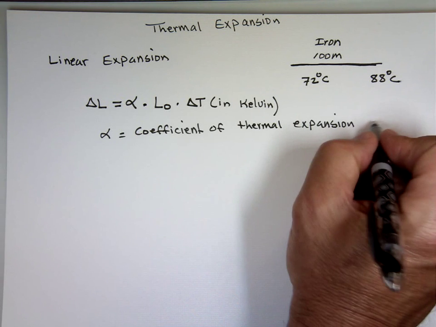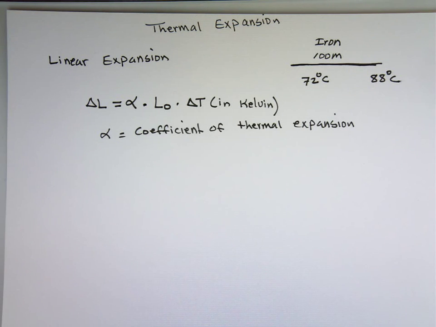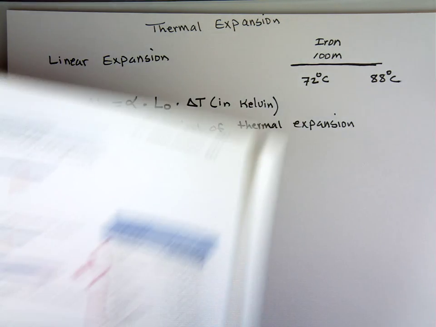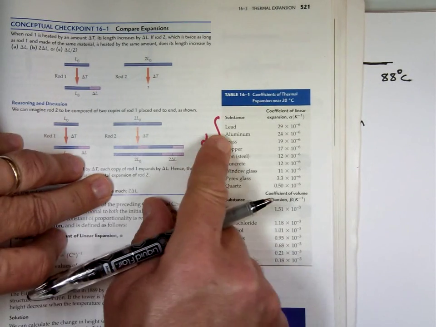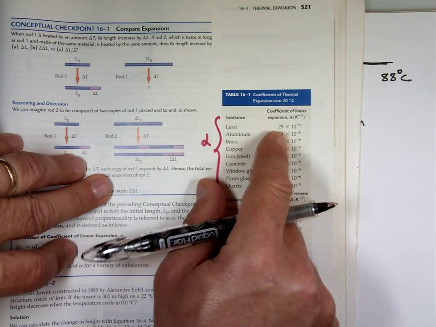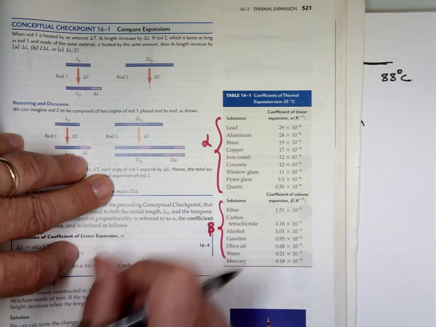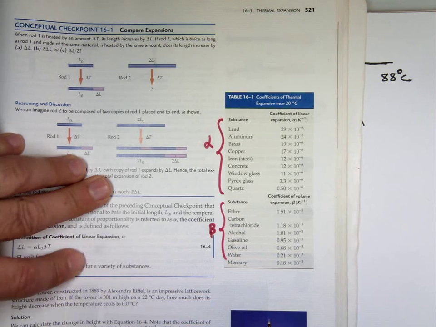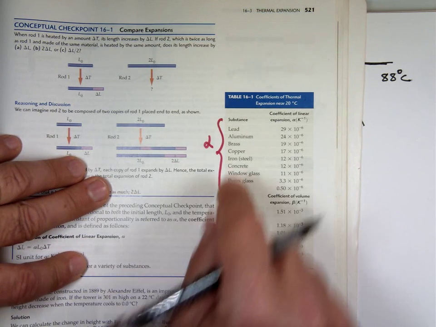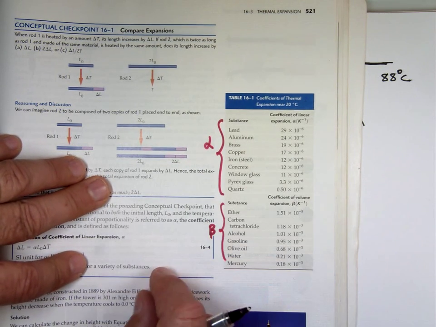These are some numbers for alpha around the 20-degree temperature. There's alpha. For lead, it's 29 times 10 to the negative 6. Aluminum, 24 times 10 to the negative 6. Brass, 19 times 10 to the negative 6.